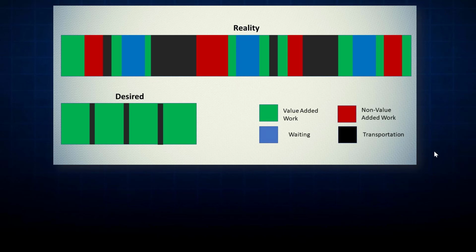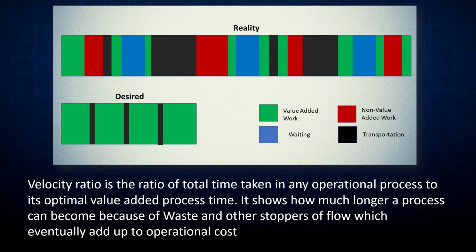If the desired level of flow should take only, let's say, 25 or 30 minutes to go through operations, it typically takes much longer because of activities like waiting, transportation, machine downtimes, WIP queuing, and so many other stoppages on your production floor. So, velocity ratio is the ratio of total time taken in any operational process to its optimal value-added process time.